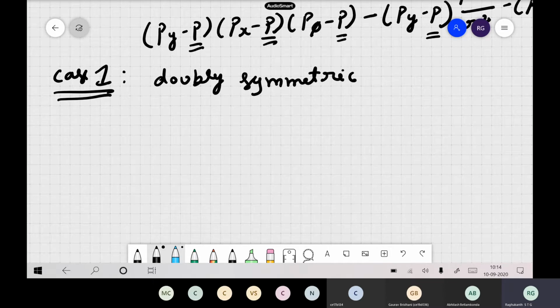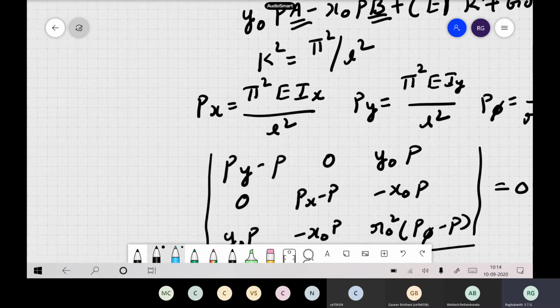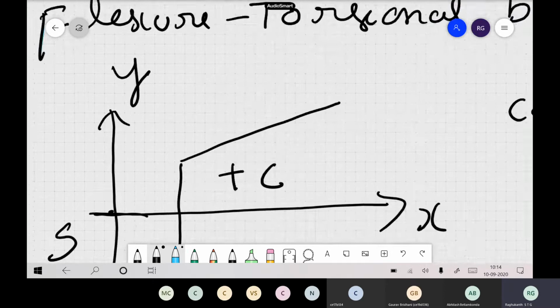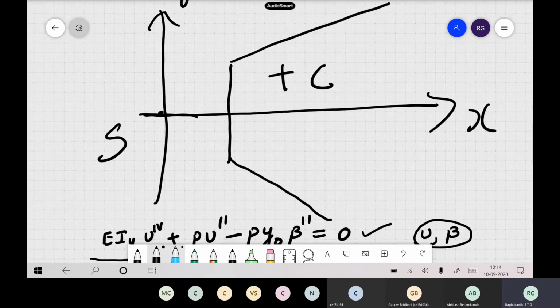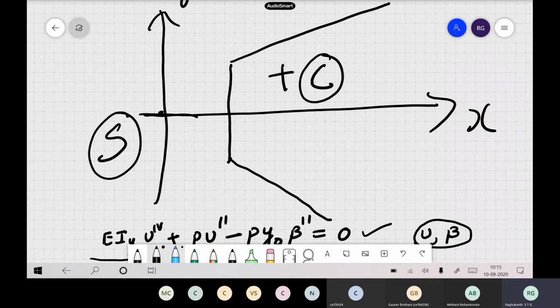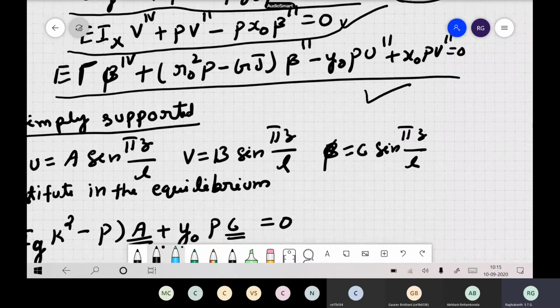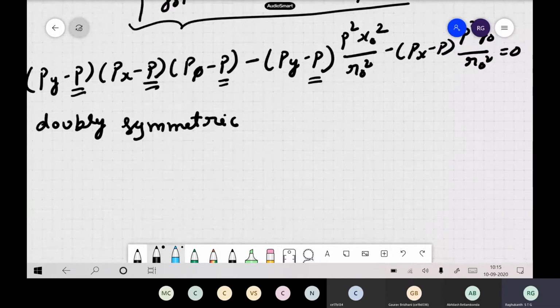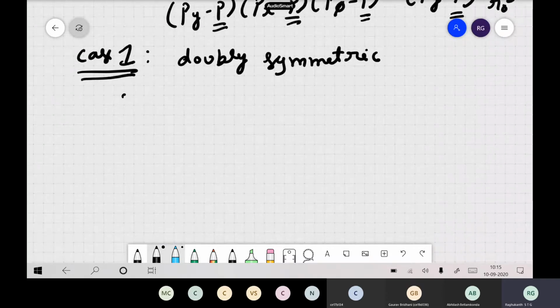Right now we have taken the origin as the shear center. If it is doubly symmetric, the shear center and centroid will be the same, so x naught and y naught will be 0.